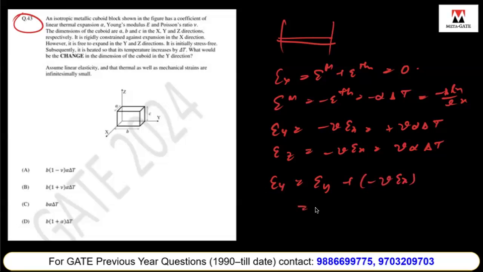So it is totally alpha delta T plus nu alpha delta T, which is equal to (1 plus nu) alpha delta T. So epsilon y is given this way. So delta b by b, so delta b is equal to b times (1 plus nu) alpha delta T. So the answer is, sorry, it is b.